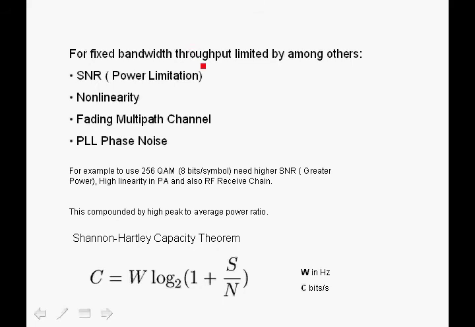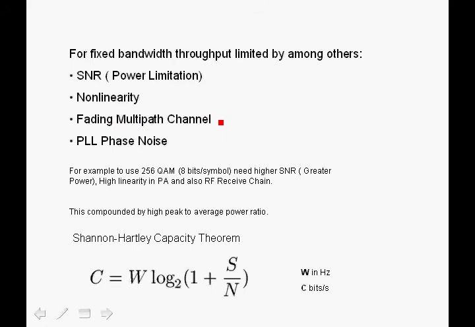Now, there's a limit to the throughput we can achieve through a channel, because every channel is power limited, which means you have a restriction on the signal-to-noise ratio. You have nonlinearity in the channel due to the power amplifier in the transmitter and nonlinearities in the receiver. We have to deal with fading multipath channels, which create numerous problems.